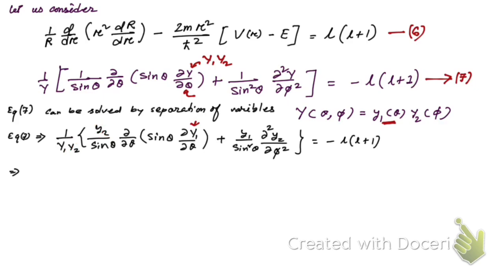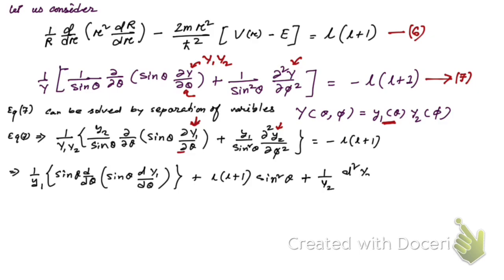And similarly we are going to do the same thing here as well. Now you see y1 and y2 are functions of theta and phi only. This y1 is a function of theta and y2 is a function of phi only. Here we can use the ordinary derivative as well, so let me write here, we can use the ordinary derivative this way.